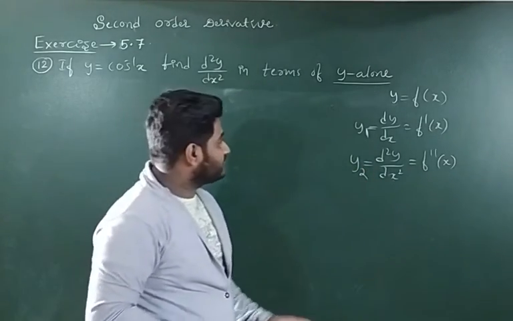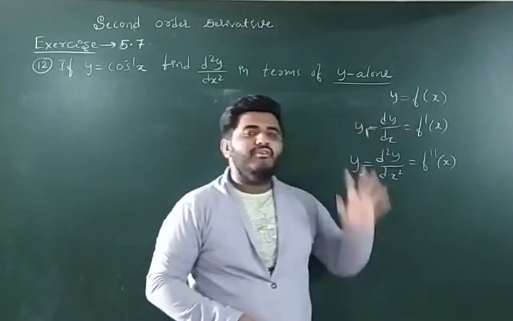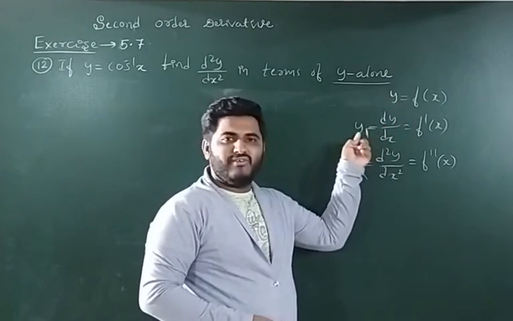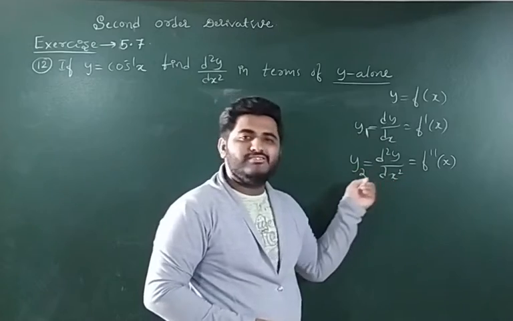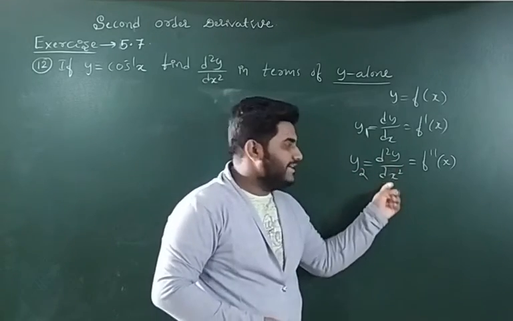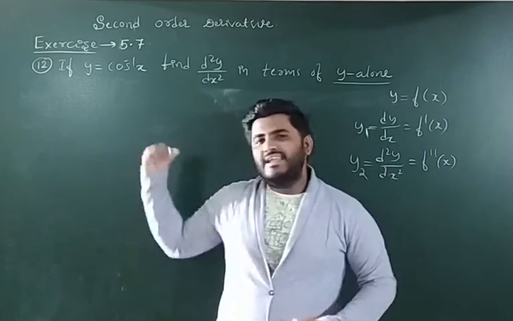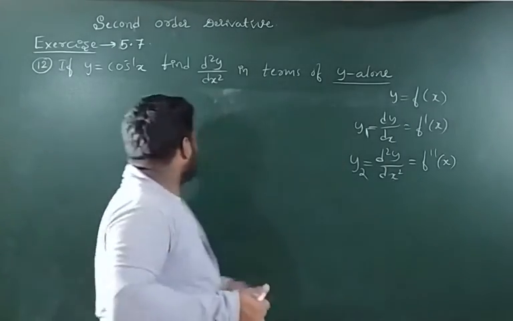Remember these things. If you are given any function y equal to f of x, then the first order derivative can be written as y1, the second order derivative can be written as y2, or else d square y by dx square, also f double dash of x. Okay, let us start problem number 12.